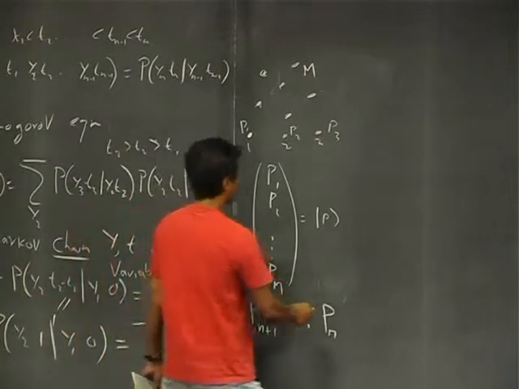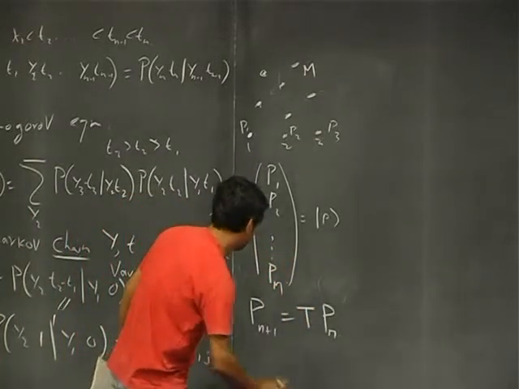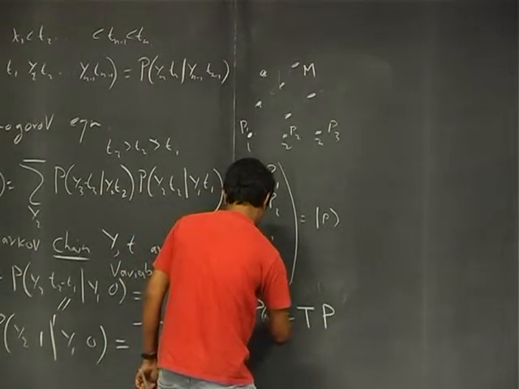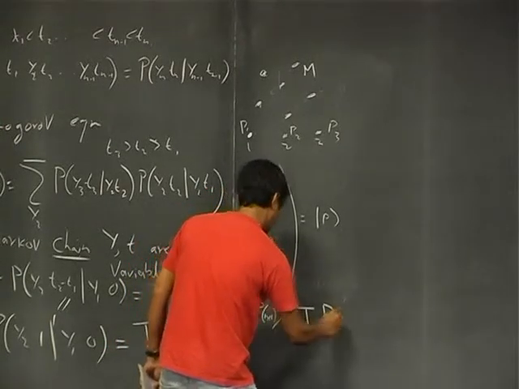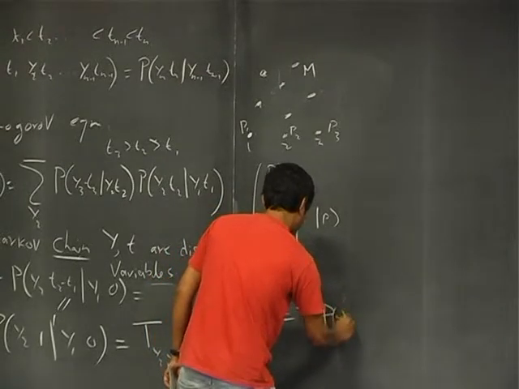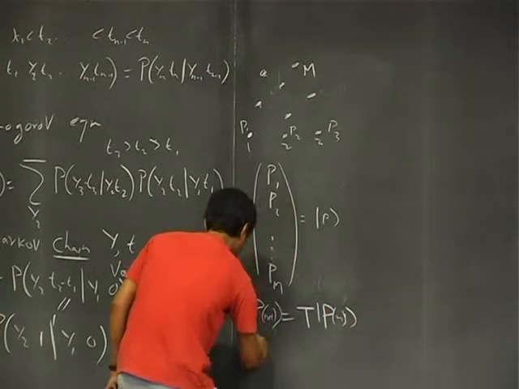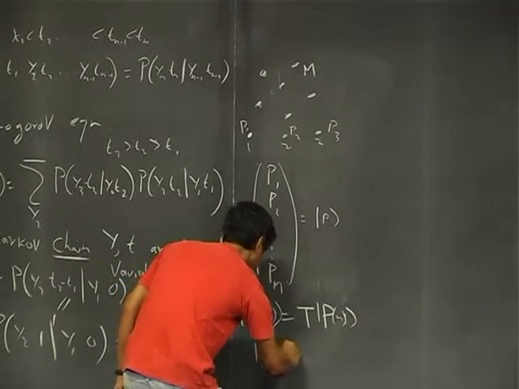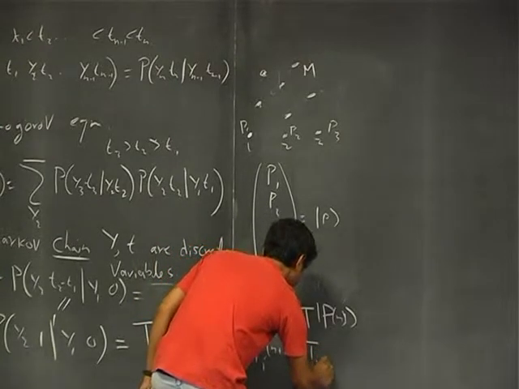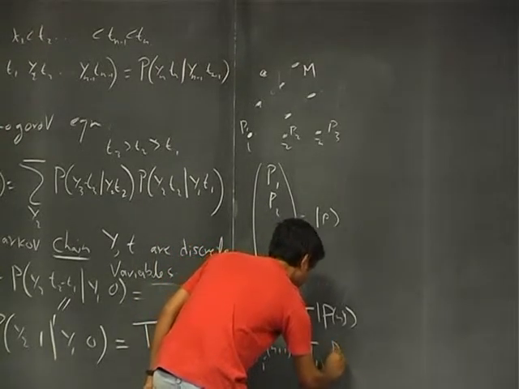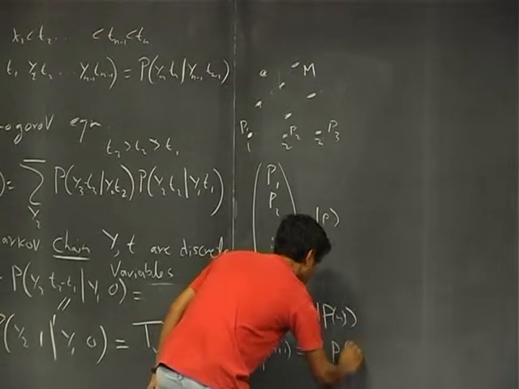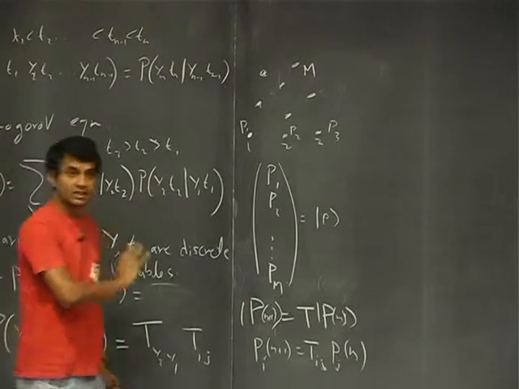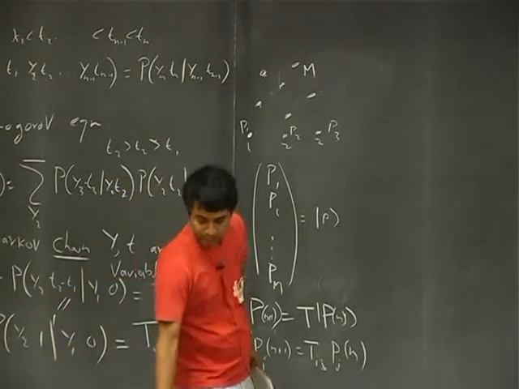And in component form, this is just Pi at n plus 1 is equal to Tij Pj, and of course, summation over j. Okay, so I hope it's clear. Any questions?